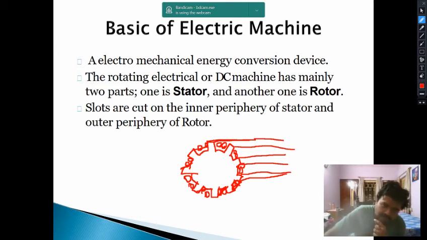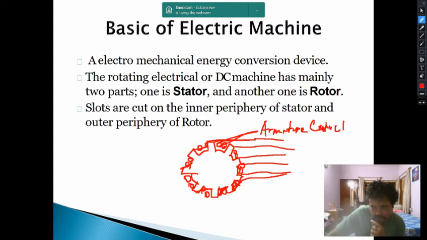And these conductors are called armature conductors.